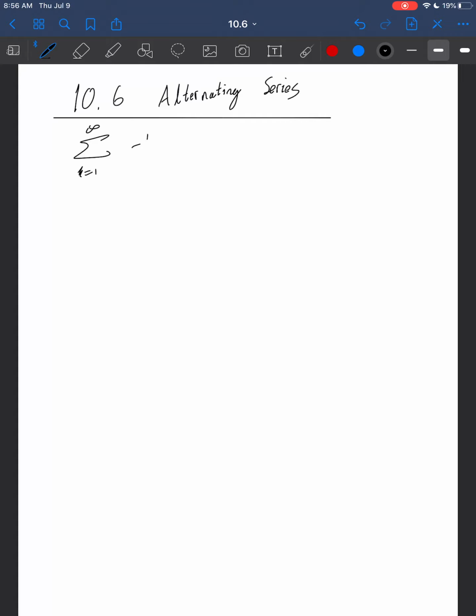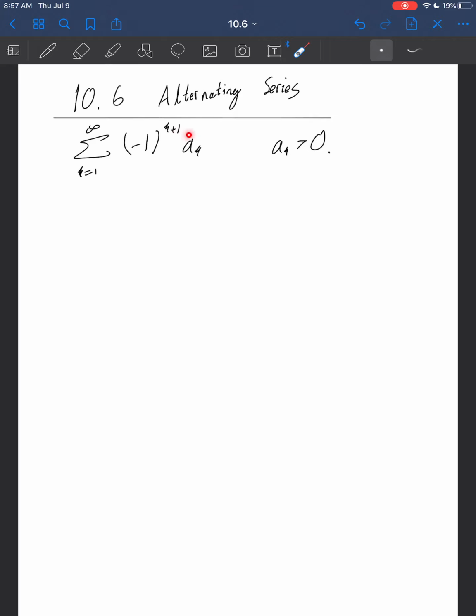Okay, so what is an alternating series? An alternating series is a series, k equals 1 to infinity, of negative 1 to the k plus 1 times a_k, where these a_k are positive. Basically, what this means is that we are bouncing back and forth between positive and negative numbers.